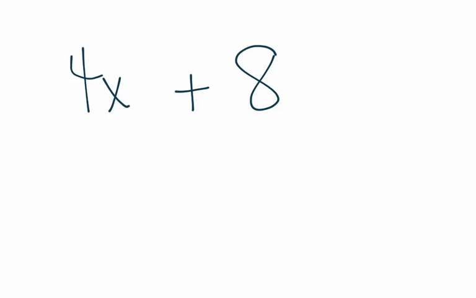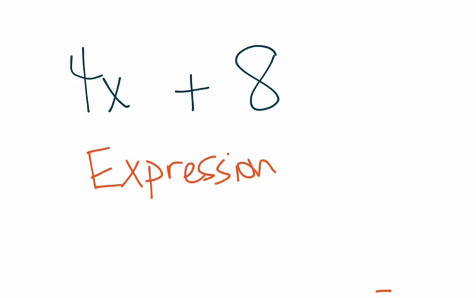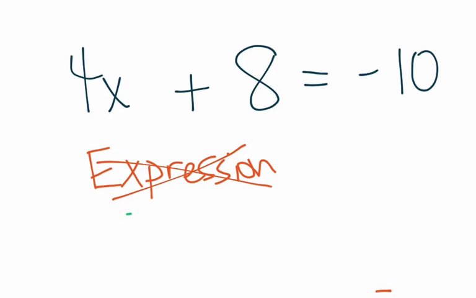Okay, so let's just go over some basics. This says 4x plus 8. This would be an expression. I know it's an expression because it does not have an equal sign. If it had an equal sign, let's say it said equals -10, then it would no longer be an expression, it would be an equation.